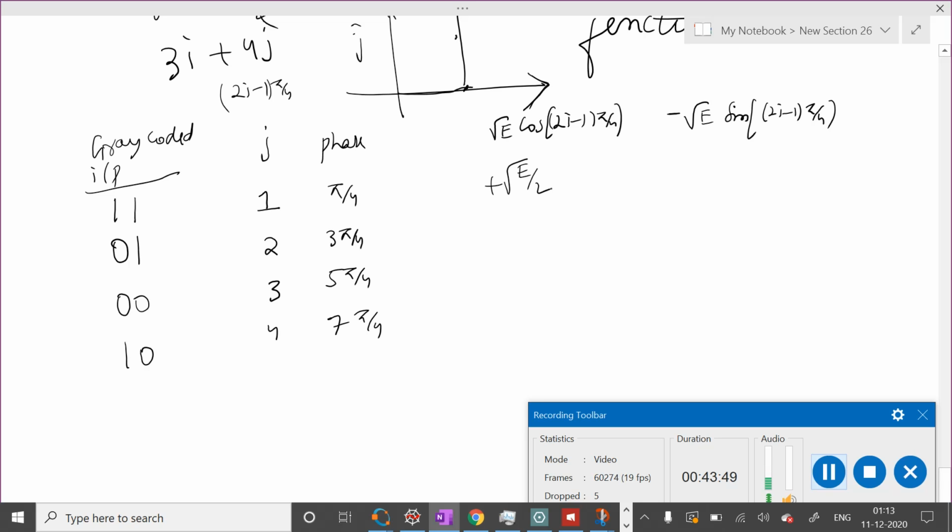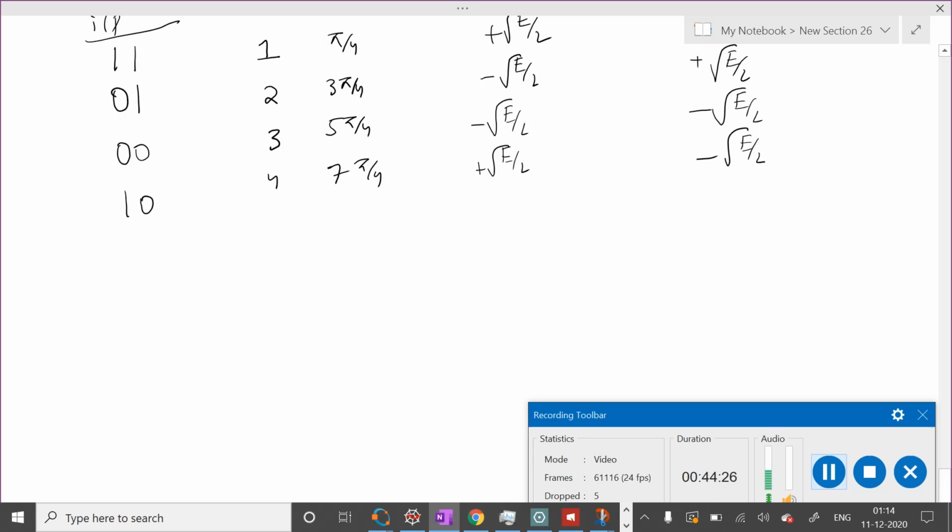Similarly, sine of this pi by 4 is also 1 over root 2, so it will be plus root E by 2. For 3 pi by 4, cos will be minus root E by 2, and sine will be plus root E by 2. For 5 pi by 4, it will be minus root E by 2 and minus root E by 2. Similarly, it will be plus root E by 2 and minus root E by 2.